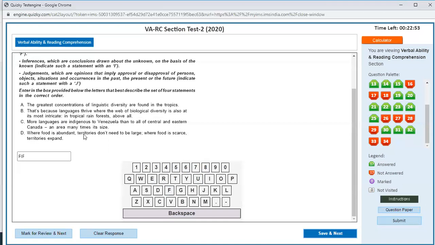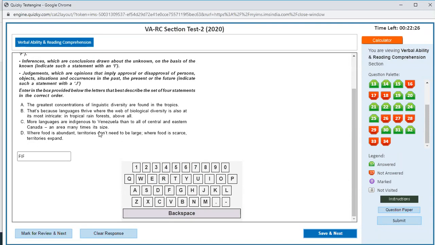Where food is abundant, territories don't need to be large. Where food is scarce, territories expand. Seems to be, where food is abundant, territories don't need to be large. Where it's not, seems to be fact to me. I'm confused. Where food is abundant, territories don't need to be large.